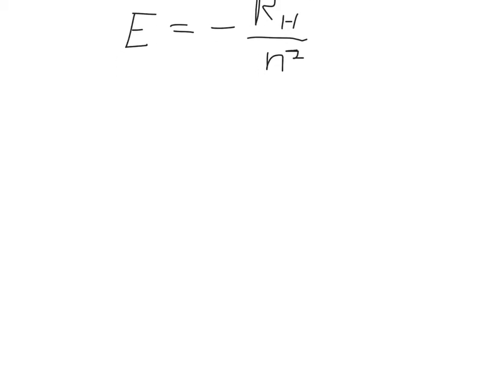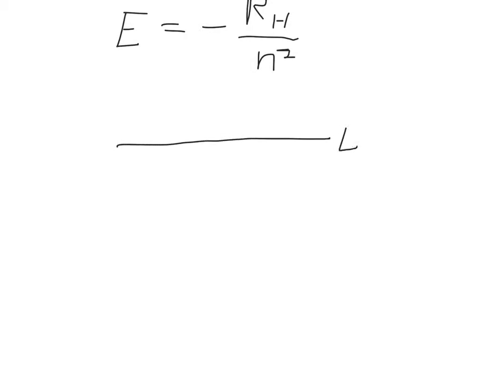Here is energy equals 0. The lowest energy level is negative energy, down here, n equals 1, and that's at minus R_H. The next energy level is at n equals 2, which would be minus R_H over 4. So it's like 3/4 of the way from the lowest energy level to the energy level of dissociation.